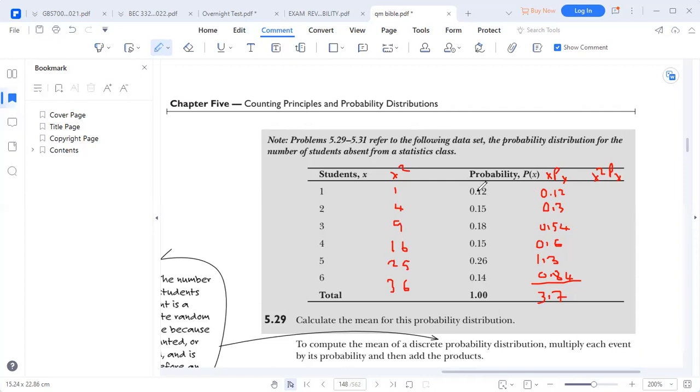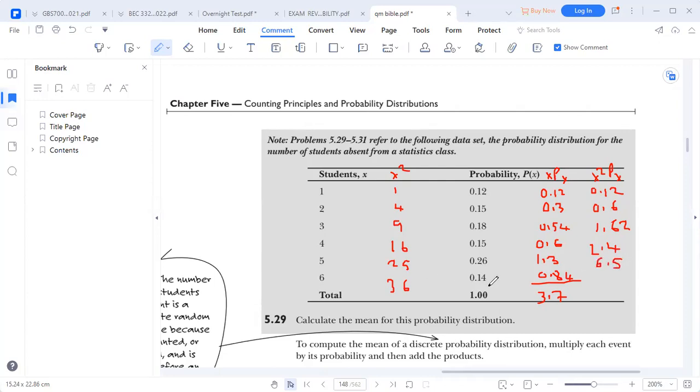Then when you go to the squares here, 1 by 0.12, you get 0.12. 4 times 0.15, get 0.6. 9 times 0.18, you get 1.62. 16 by 0.15, get 2.4. 25 by 0.26, get 6.5.